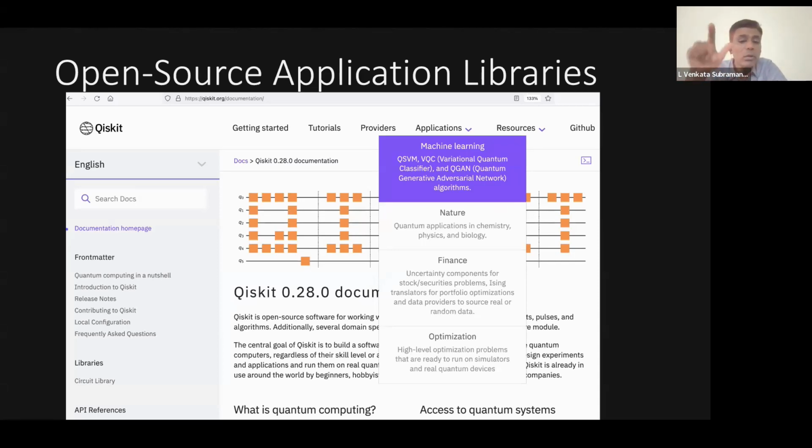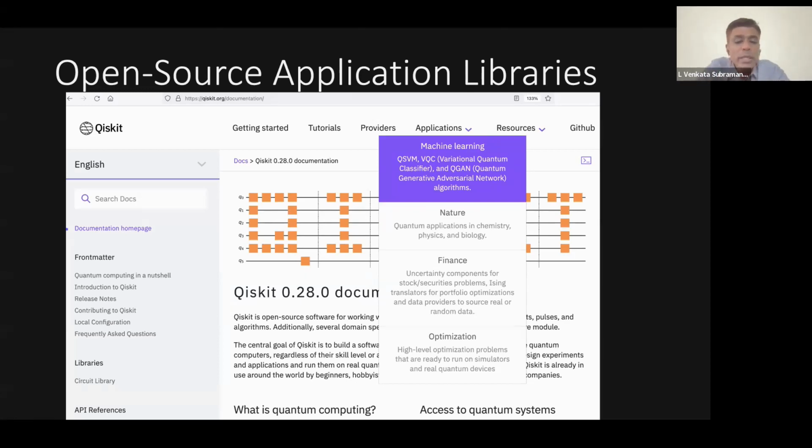If you do not know how to program, there is also a visual interface where you can build a circuit by pulling gates in. But Qiskit is just Python. Whether it is Qiskit or any of the other programming languages, many of them are Pythonic, which means Python is the most widely used language today.